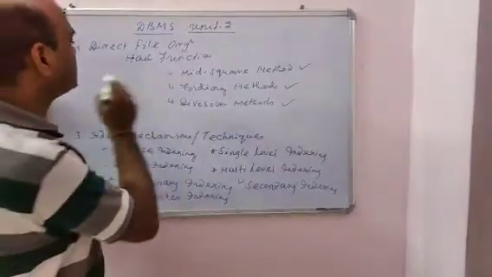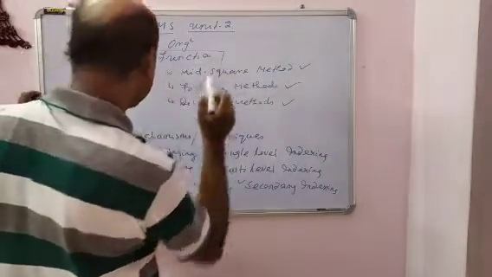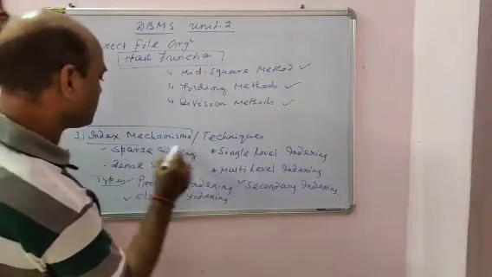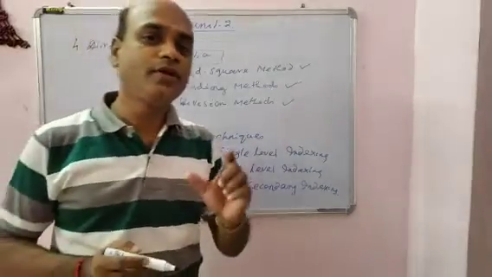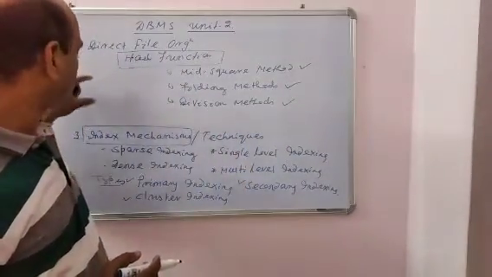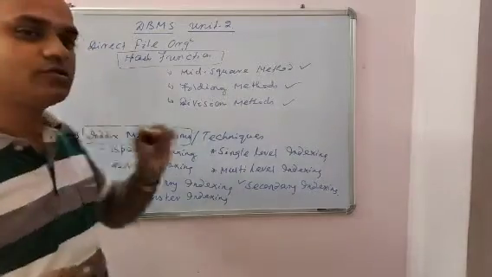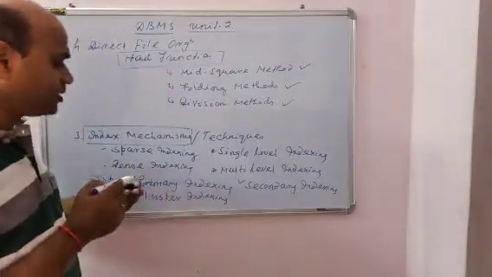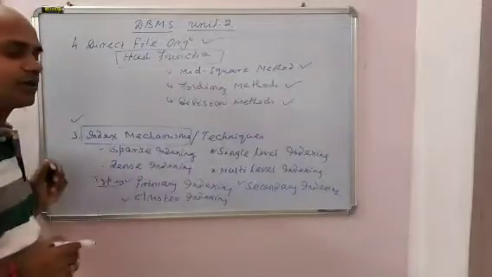And this basic concept, the hash function, and this index mechanism, these two things are most important. If you think about it, every year questions come from these two important topics positively. So positively we will get questions from direct file organization and index sequential file organization.